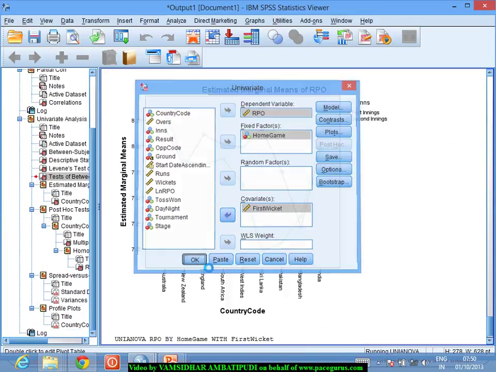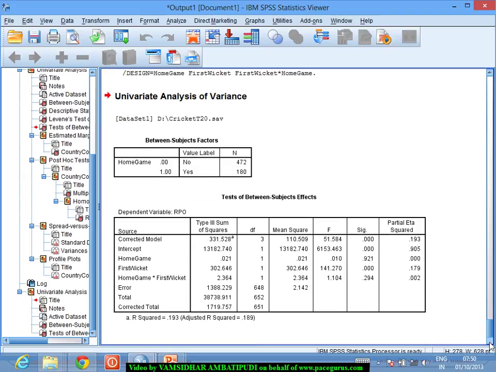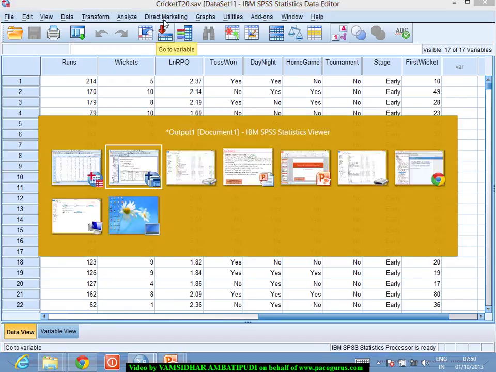Okay, when we do this, what it is saying is that for home game no there are 472 records, and for home game yes there are 180 records. Both of them are decently large, fair enough. Now we should look out for the interaction. What we are seeing is the significance level for the interaction.